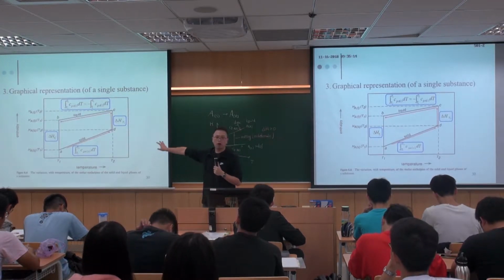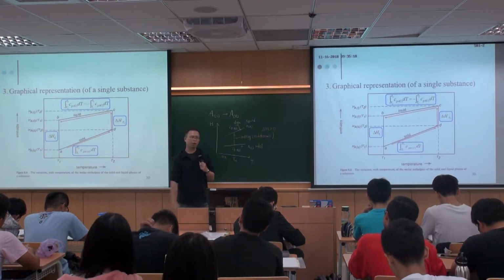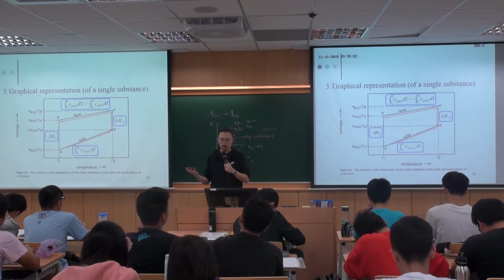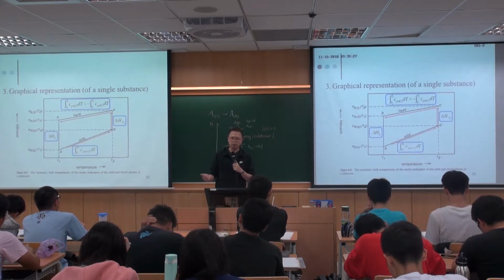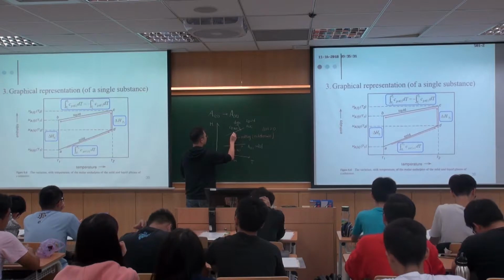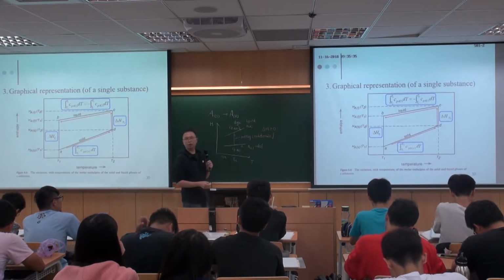But in this example in the textbook, there's no such transformation or melting temperature. It only shows you that, okay, we have two phases, solid and liquid. And even for liquid, if you go below the melting temperature, you can still be liquid.